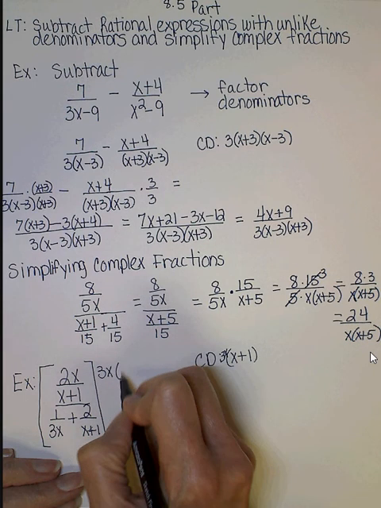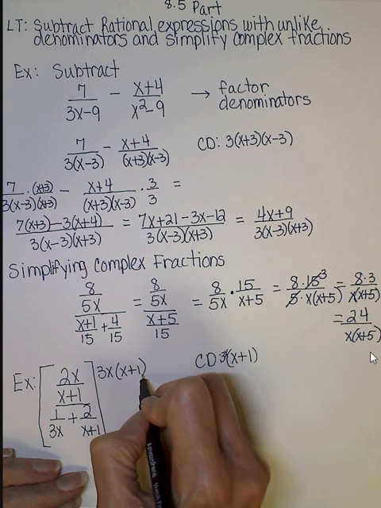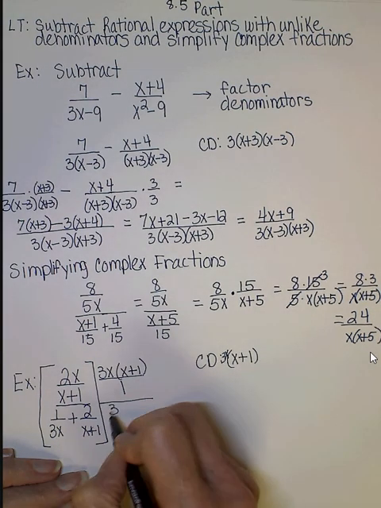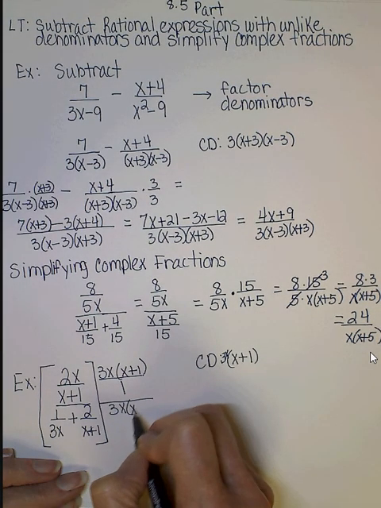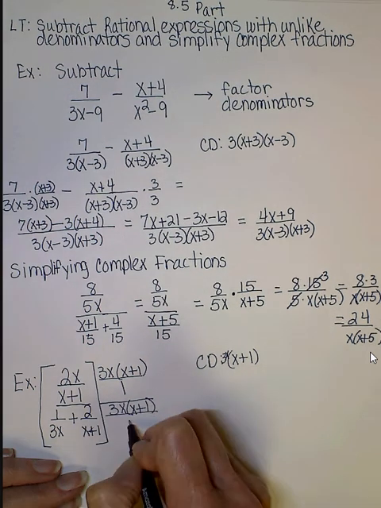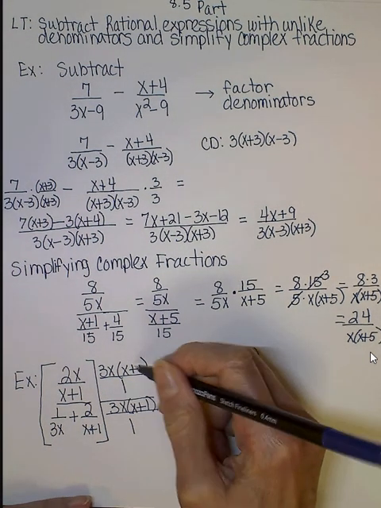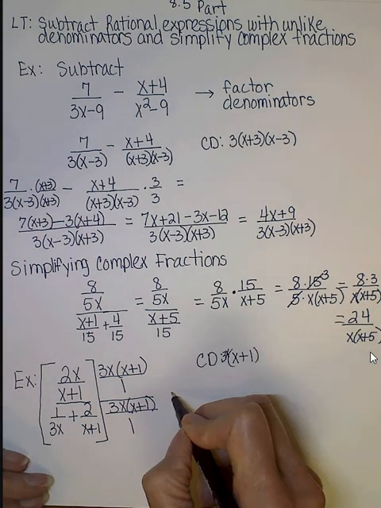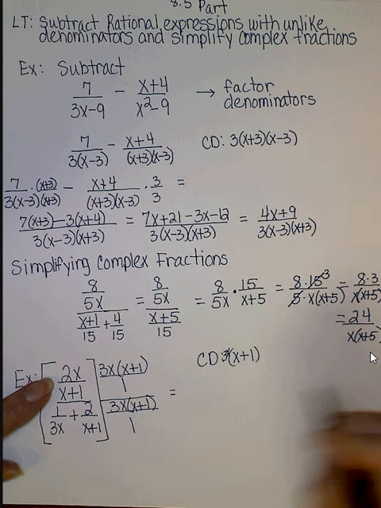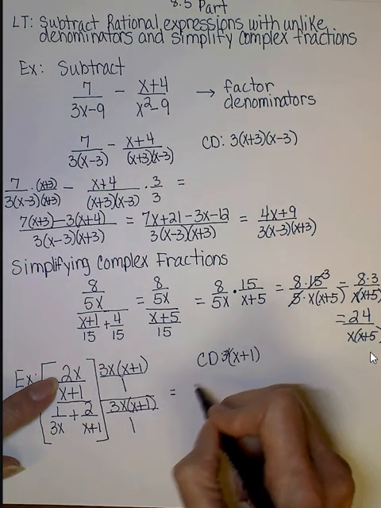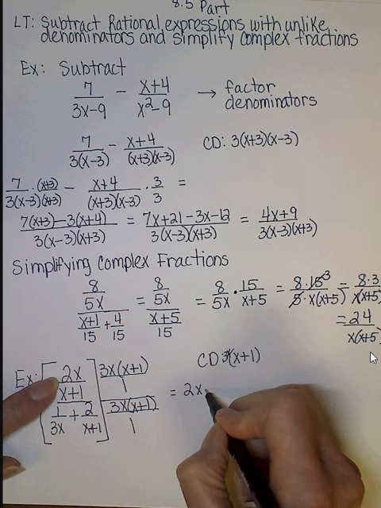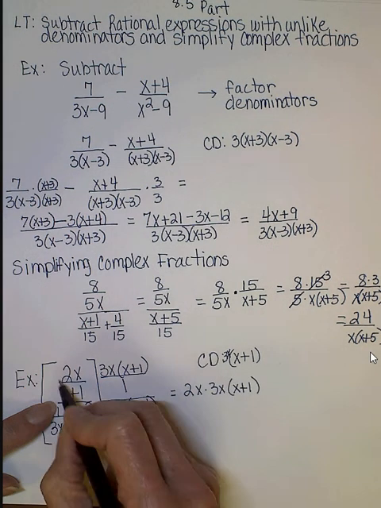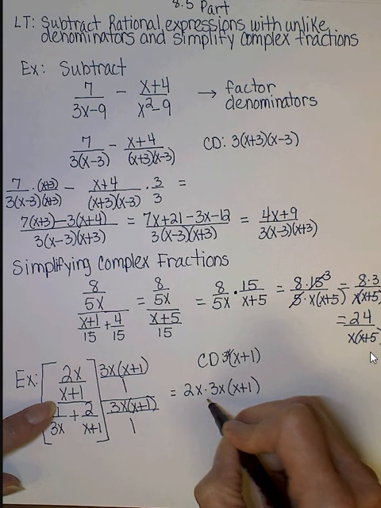Now, if you multiply by this common denominator, and I'm going to write it in a strange way, I'm really just multiplying by the number 1 here, but I wrote it like this. It's going to help me clear out all the fractions. So I'm going to multiply across, and I'm going to do it in the numerator and the denominator.